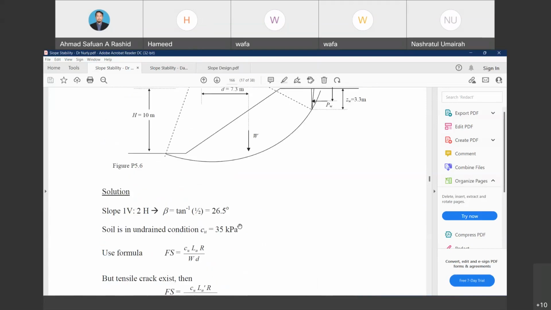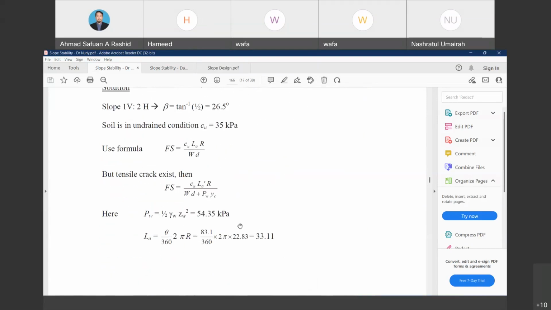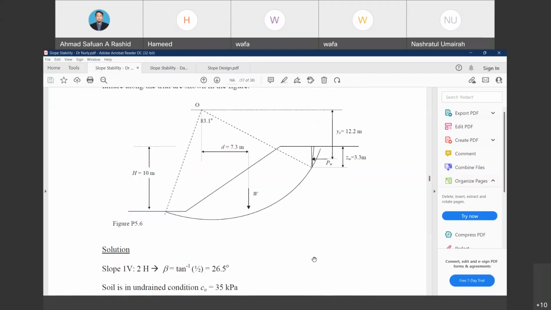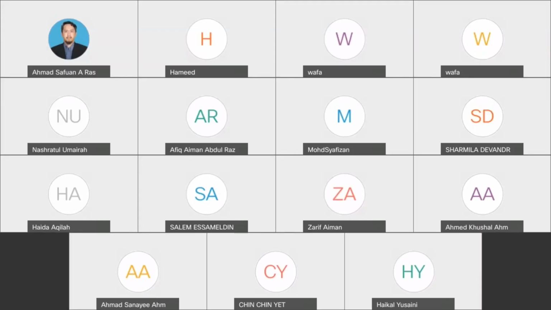Okay, so I guess I can go a little bit fast. To get the value for the PW, we need to draw a pore water pressure diagram.